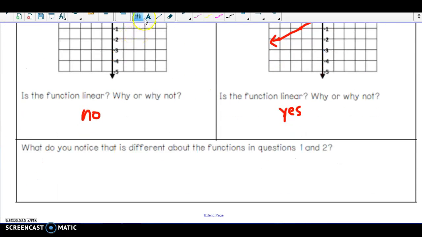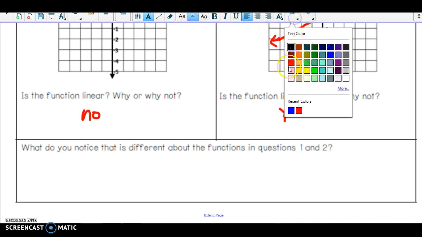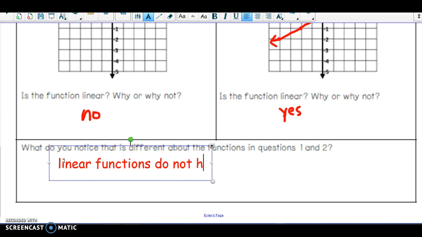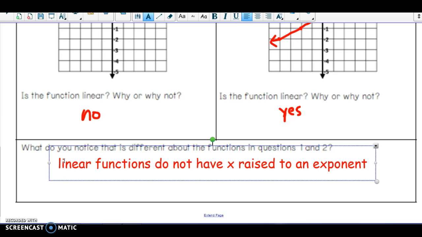So we'll put that information in our notes so we have it. Linear functions do not have x raised to an exponent.